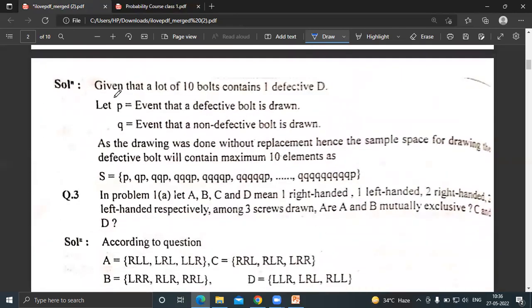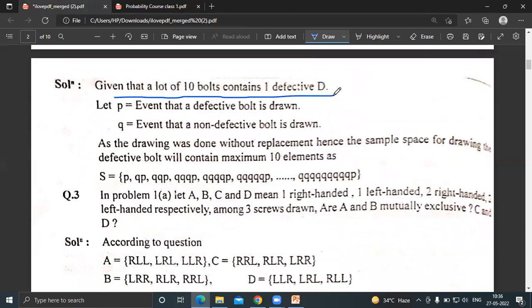So given a lot of 10 bolts containing one defective, that is D. Similarly, P is the event that a defective bolt is drawn, and Q is the event that a non-defective bolt is drawn.